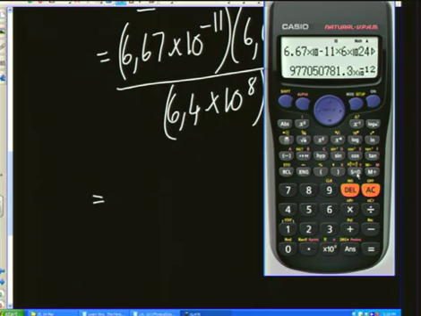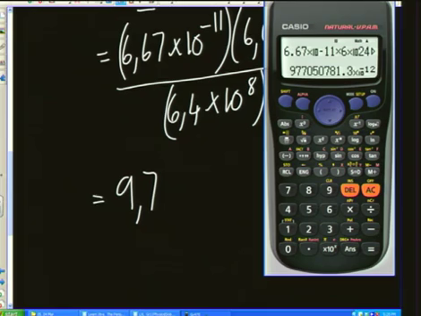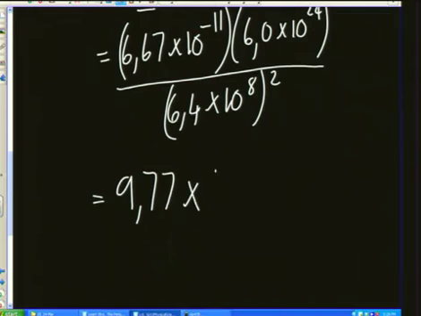It's gone too much. So what I'm going to do is I'm going to say that this is 9,77, 2 decimal places, times 10.